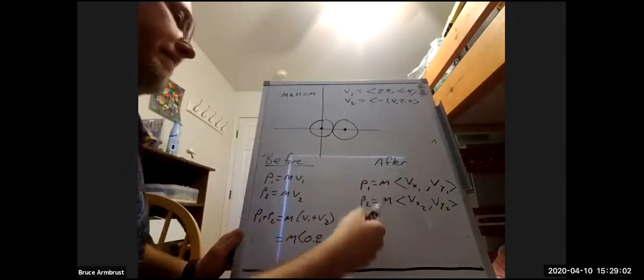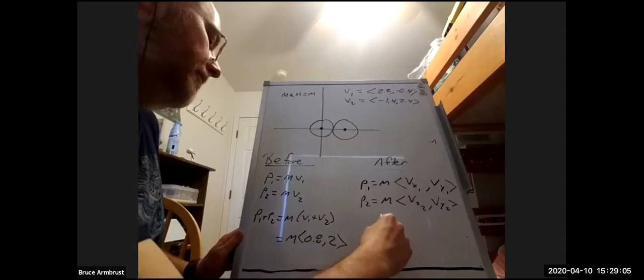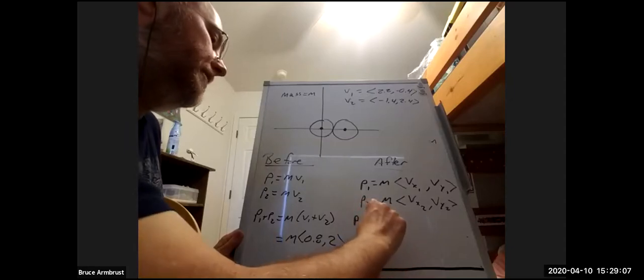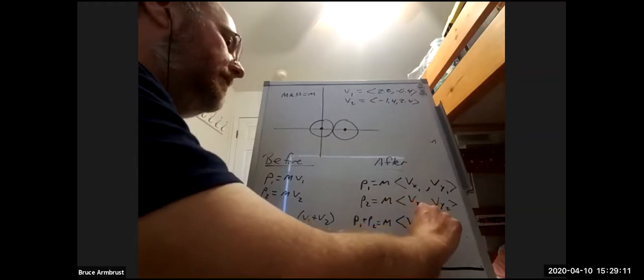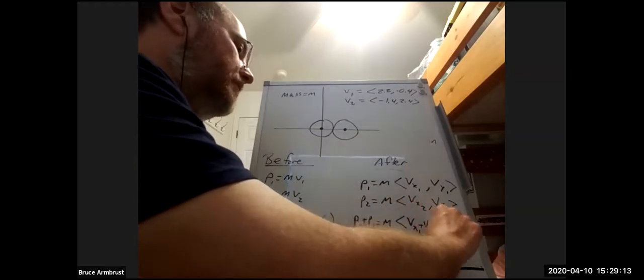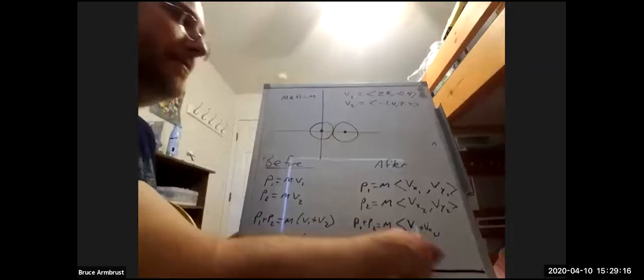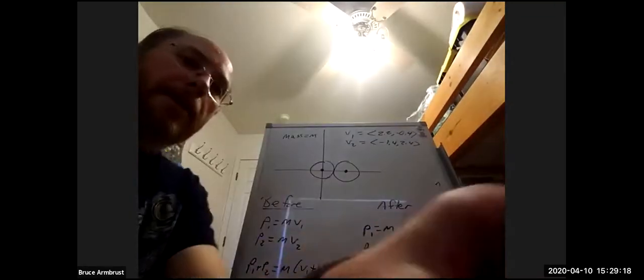Again, add them together. And what I'm going to get for a total of P1 plus P2 is our mass times, well, it's Vx1 plus Vx2. I'm going to add those components. And then similarly, I'm going to add Y components.